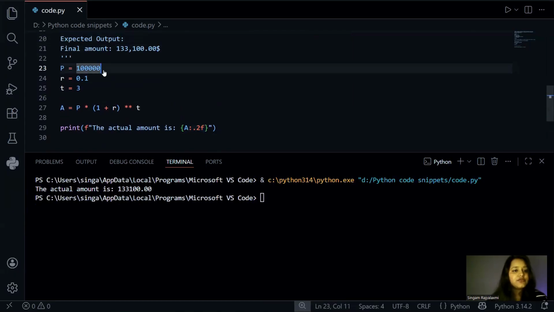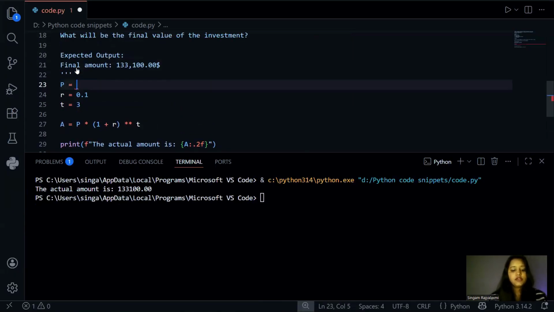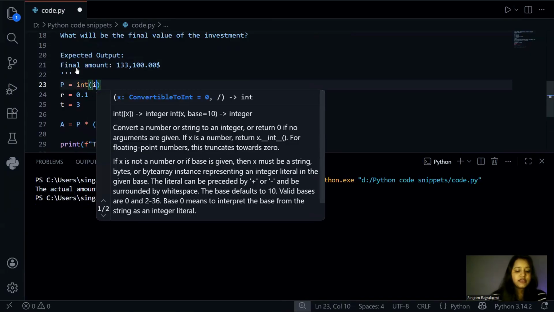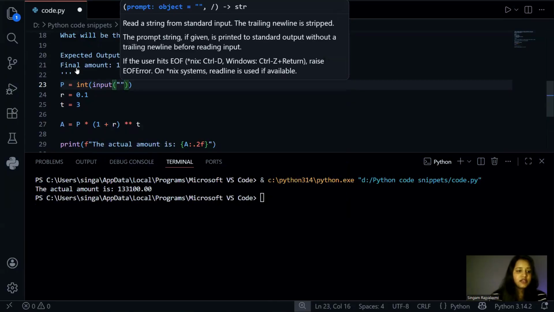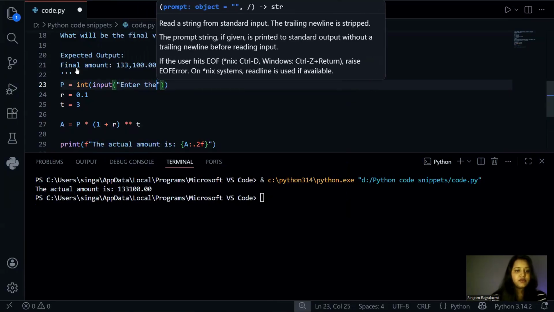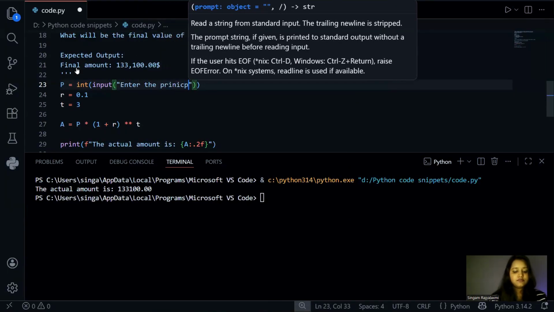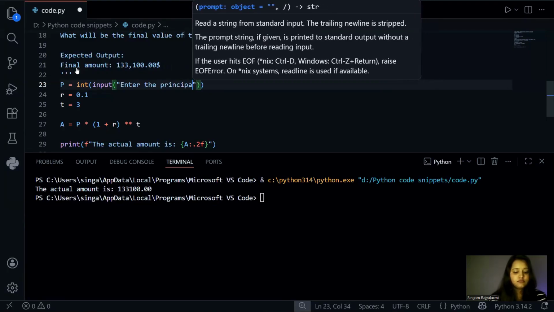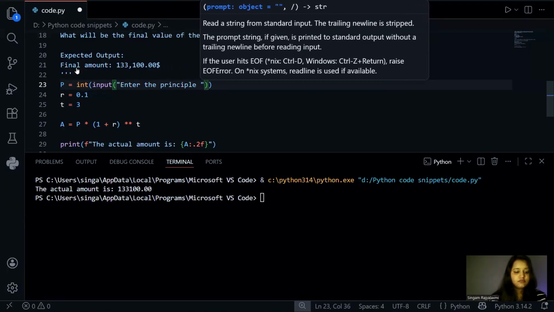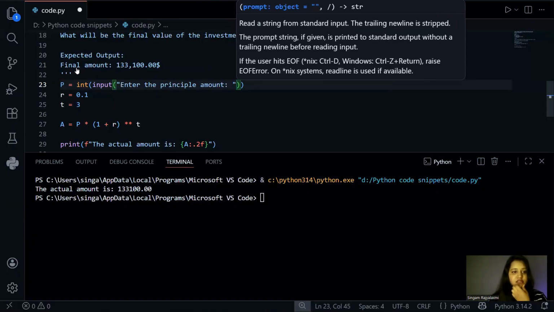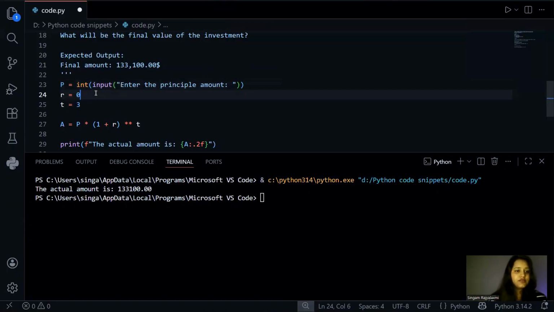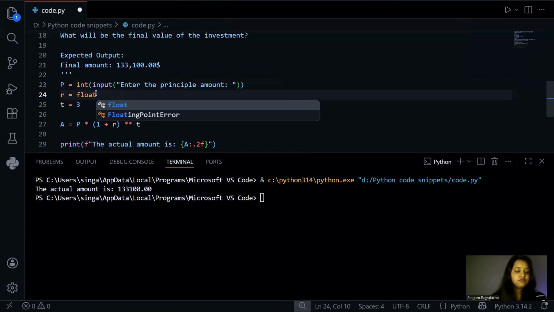And also we can actually get the input from the user. So instead of this, you can do something like int of input. You can add something like, enter the principal amount, and give some space. And the rate of interest, we need this in float.